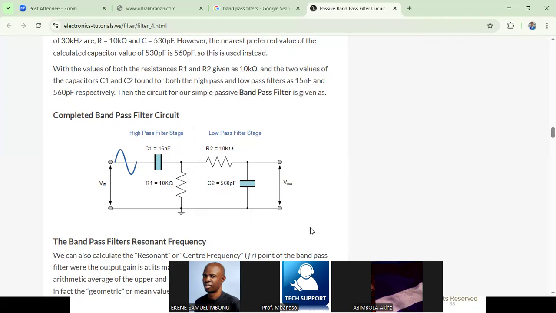Okay. So what makes you a good designer now is, having understood the theory, you ask yourself, what is the formula for high pass filter or low pass filter? At this stage, you are no longer struggling to understand what a resistor or capacitor is doing in a circuit.